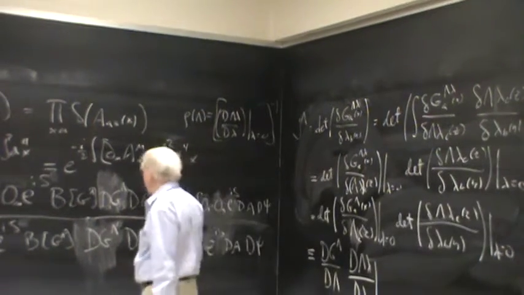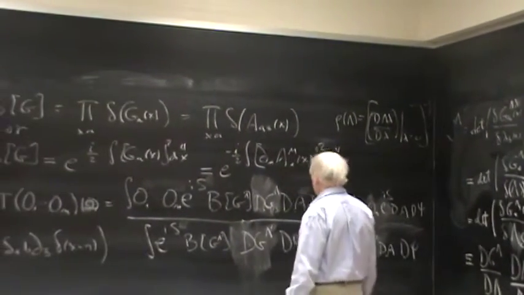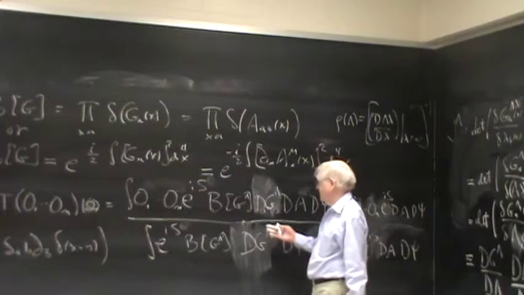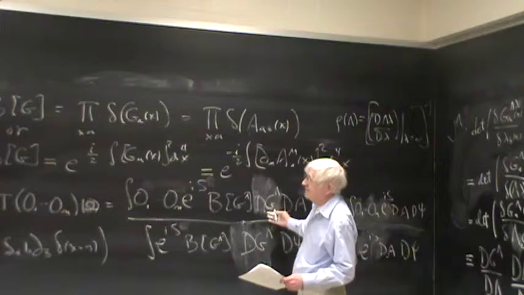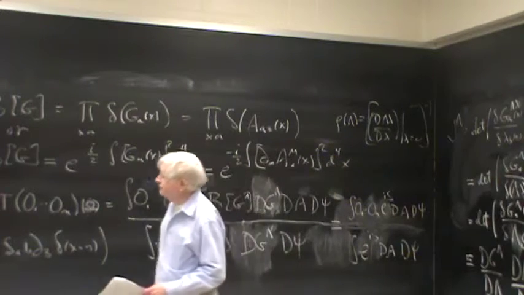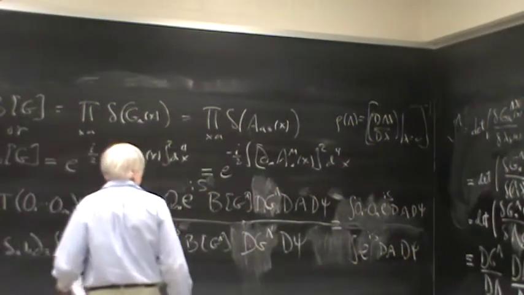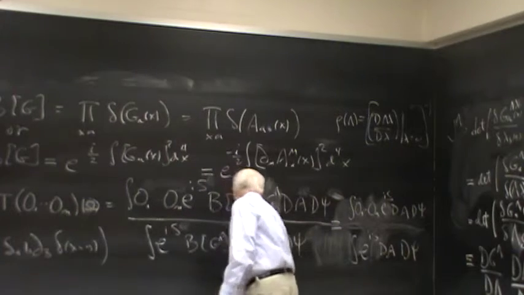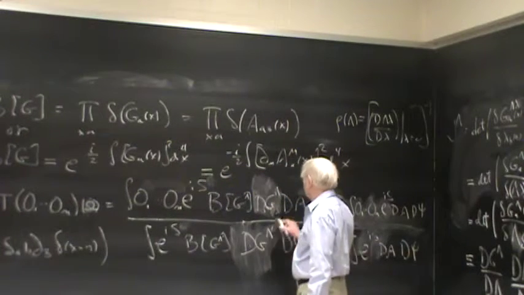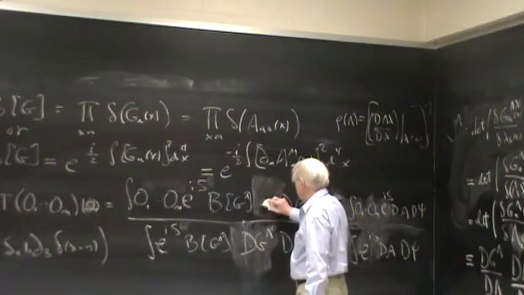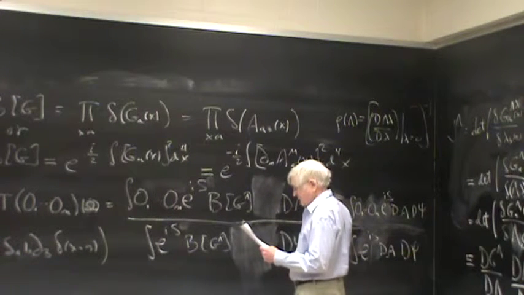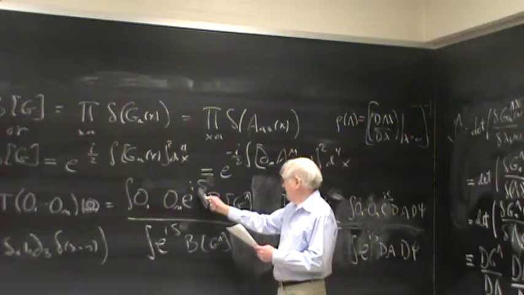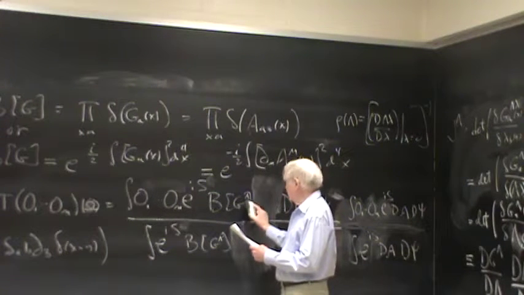Okay. So we go back to the earlier expression, in other words, the expression we had before, which is to say no integration over dg. We go back to that expression with b of g.